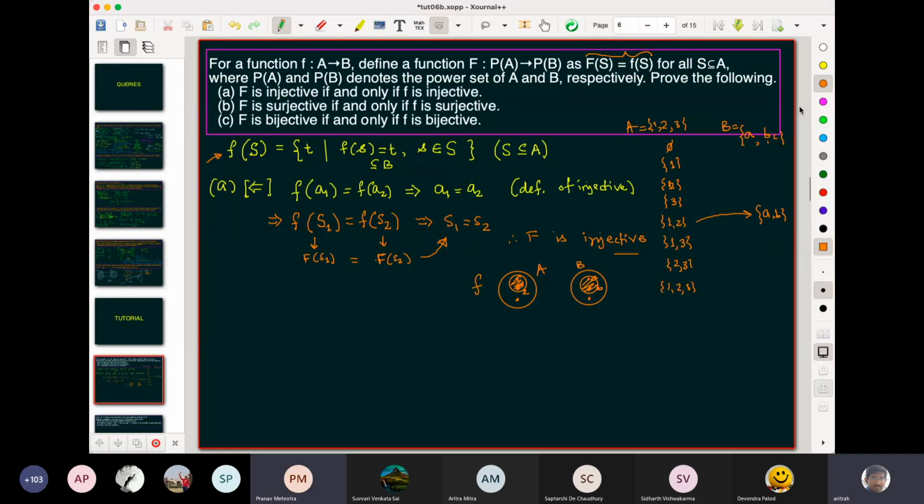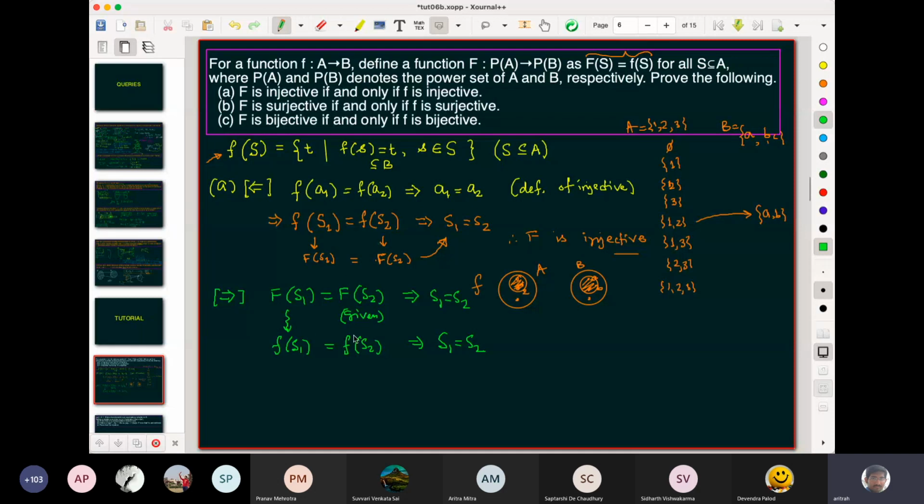Okay, so similarly, you go this way. If capital F is injective, the definition is that for two sets S1, S2, F(S1) equal to F(S2) implies these two sets are equal. This is given. Now you have to prove that f is injective, the same way, the reverse direction. It says that F(S1) equals F(S2) implies S1 equals S2.